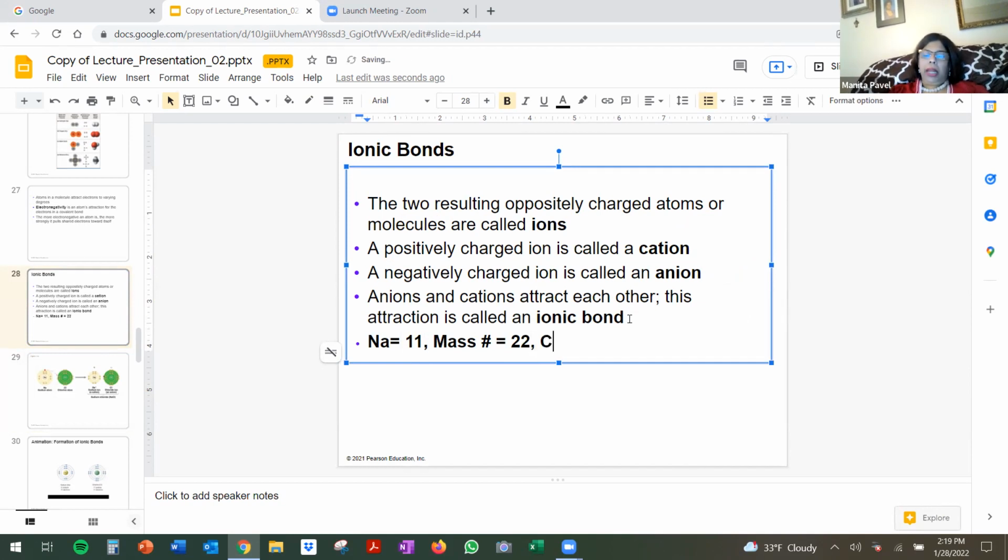Chlorine, on the other hand, is equal to 17, and the mass number of chlorine is 35.